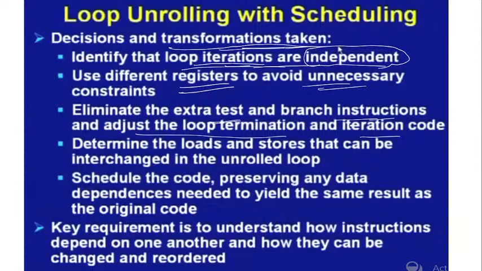Then rearranging the instructions, determine the loads and stores that can be interchanged in the unrolled loop, because load and store deal with memory related instructions. Both are memory related instructions. Okay, load and store. So schedule the code preserving any data dependency needed to give the same result as the original code.